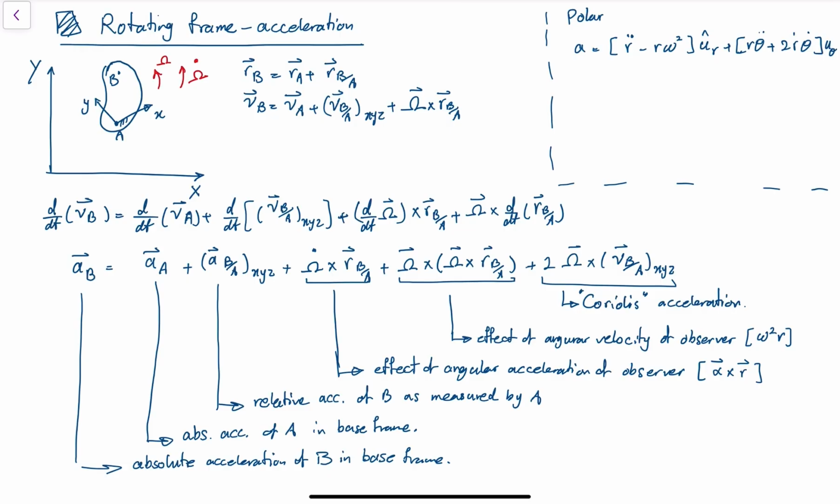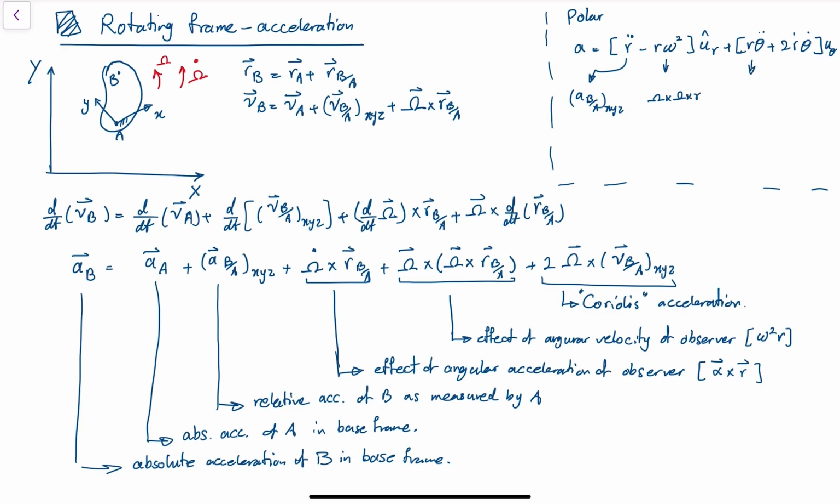And these are exactly what we have now. This one is the equivalent of relative acceleration. So this is A of B relative to A. This one is the centripetal that we have below.